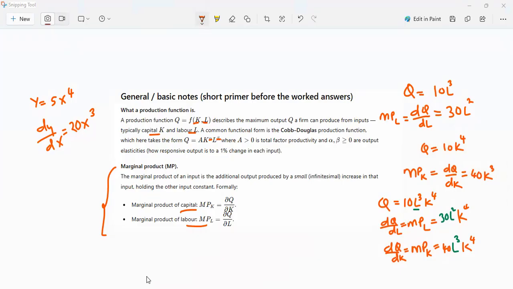We'll go to the exam question here. Just want you to differentiate for me. Give me the marginal product of labor and the marginal product of capital for part A and part B without much ado.